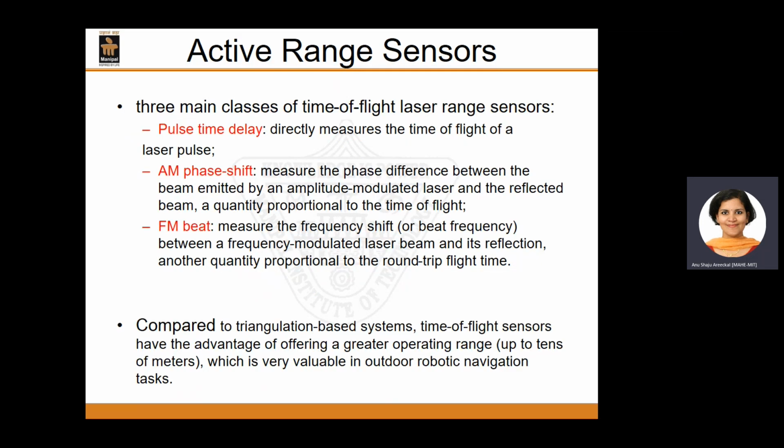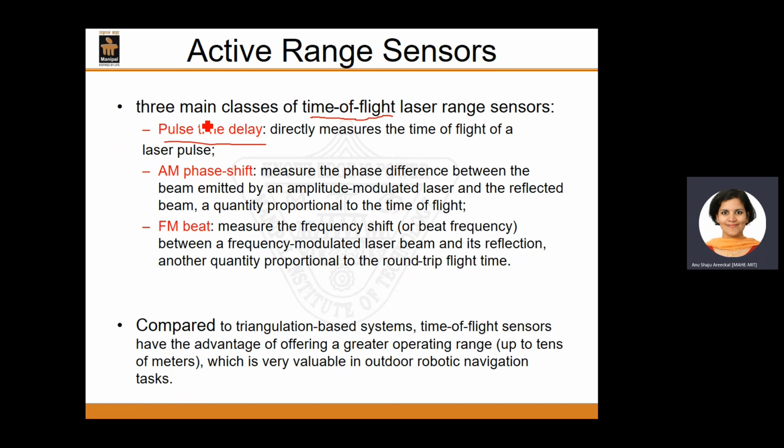And when we are talking about time of flight laser range sensors, as I said, this is different from triangulation based sensors. When you're going ahead with time of flight range sensors, there are again different types depending upon what it is that you are transmitting. You may be transmitting a pulse, maybe a train of pulses.